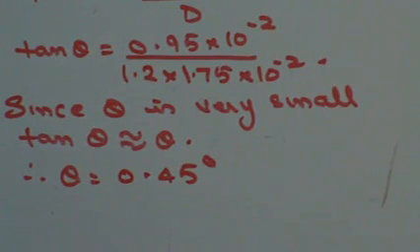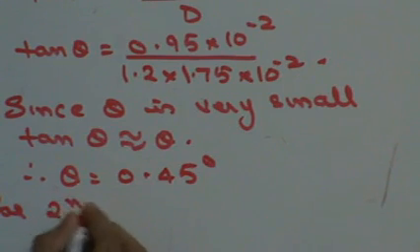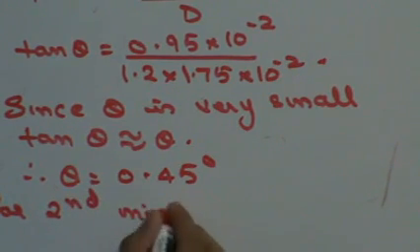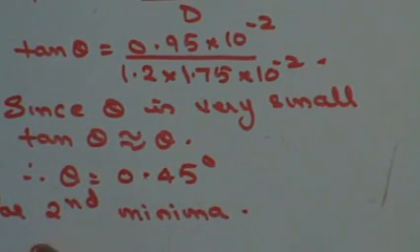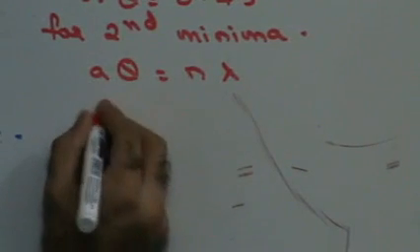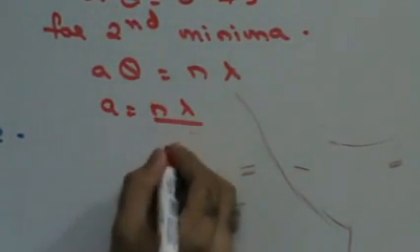Next, they've asked you to find out the width of the slit. Okay. Let's see this. For minima, the formula is a theta is nothing but n lambda. That's the formula for minima. So in that case, I can say that a is n lambda upon theta, right?